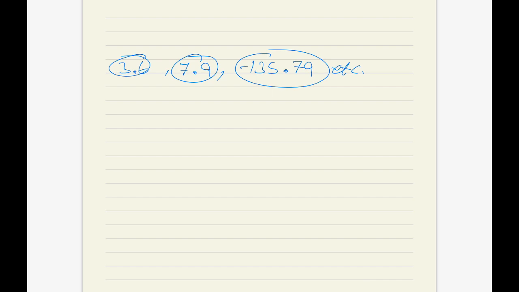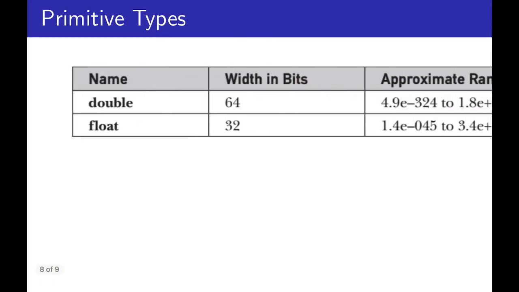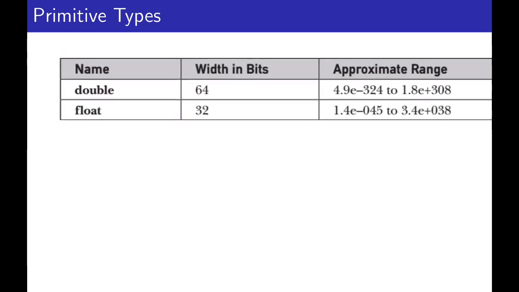Both double and float are going to store this type of real number. Then how do double and float differ? Similar to the different integer types, double and float differ in their size or width, and depending on the width they have different ranges. The width of float is 32 bits and the width of double is 64 bits.